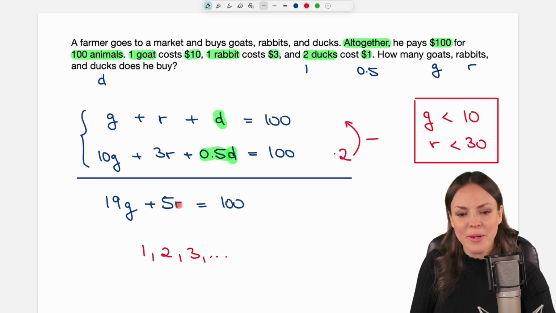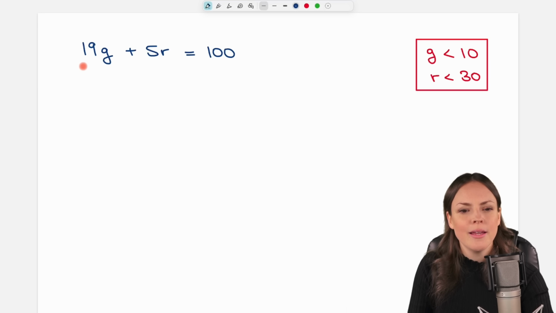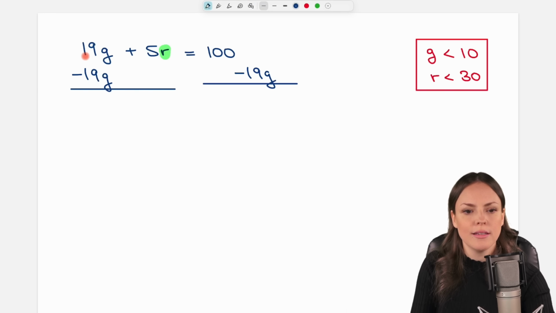We take our equation and let's see if we can figure out G and R. Maybe we solve this equation now for either G or for R. Let's solve it for R. So let's get rid of the 19G here by subtracting it on both sides of the equation so that this cancels out here and only the 5R are left.